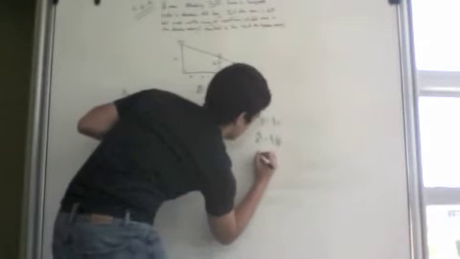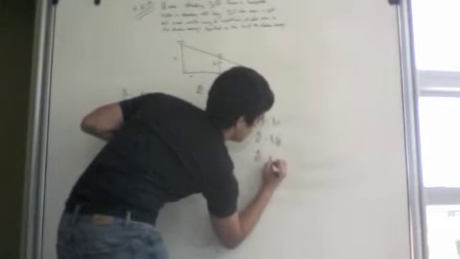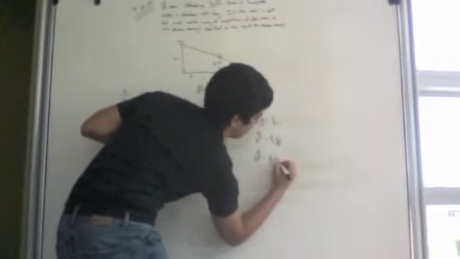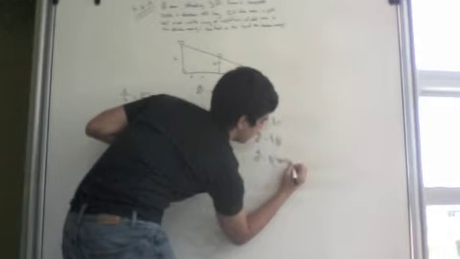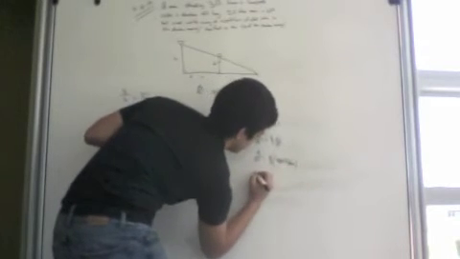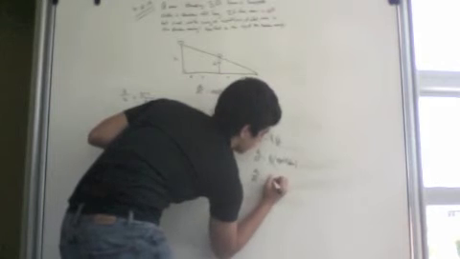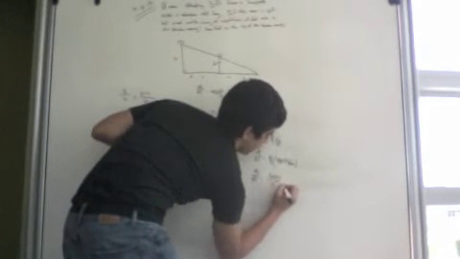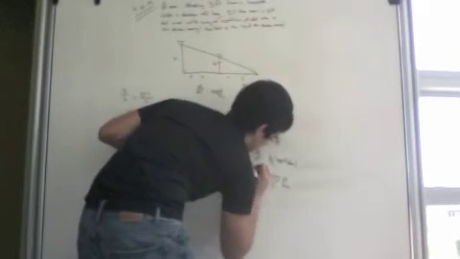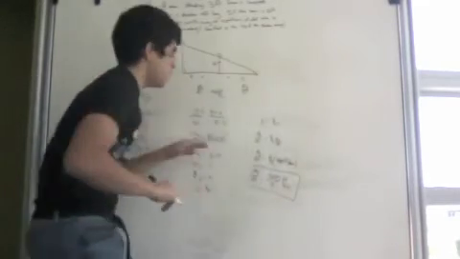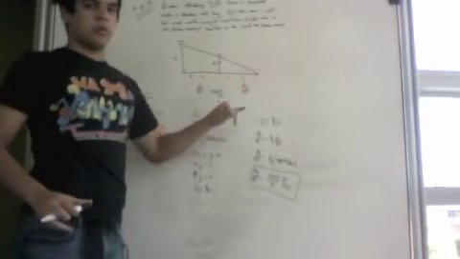So dy/dt is equal to 4/3 times 400 feet per minute, which is 1600 over 3 feet per minute. And this is how fast the shadow is moving.